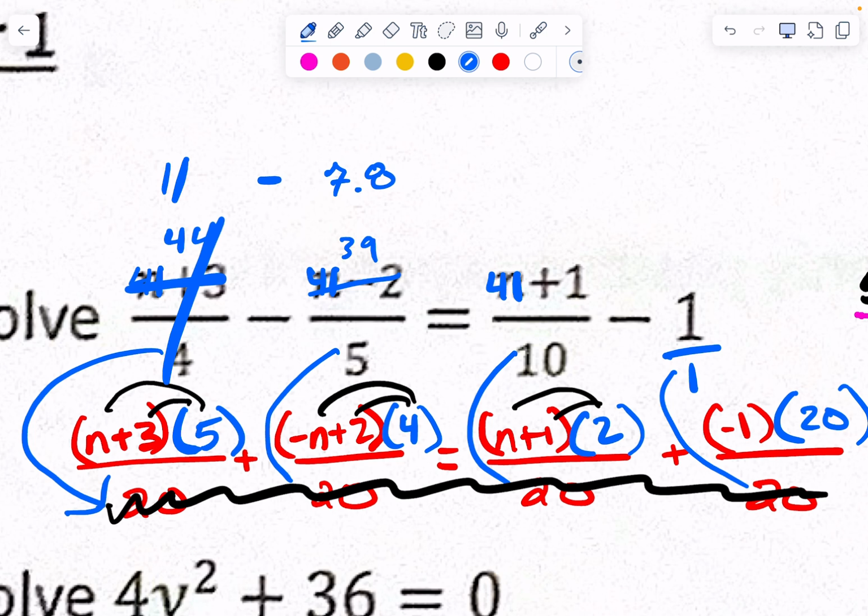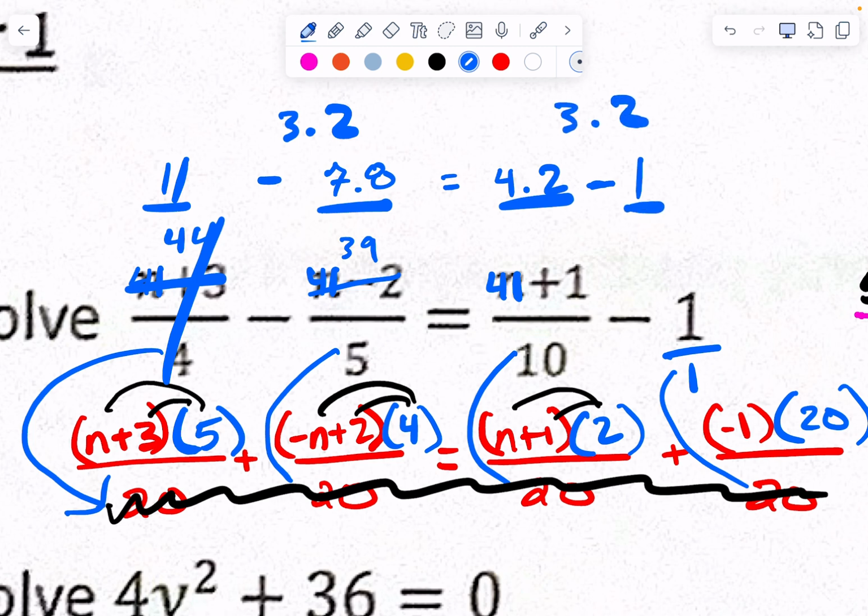So 11 minus 7.8 equals, with 41 plus 1 being 42, divided by 10 is 4.2, minus 1. So 11 minus 7.8 is 3.2, and 4.2 minus 1 is also 3.2, right?